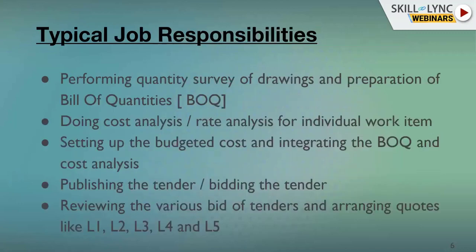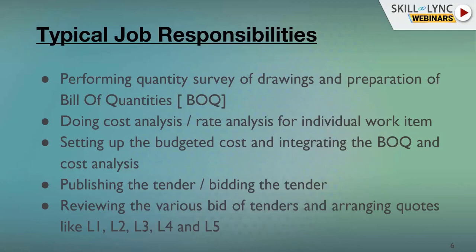Now, additionally, perform the quantity survey of drawings, preparation of bill of quantities, cost rate analysis, setting up budgeted cost, integrating BOQs and cost analysis, publishing the tender, reviewing the various bids of the tenders, arranging the quotes like L1, L2, L3, L5.